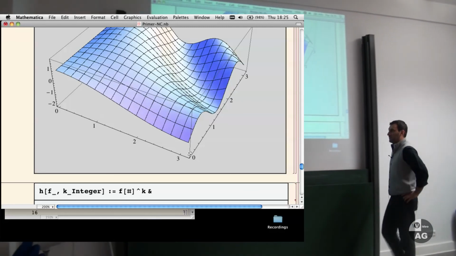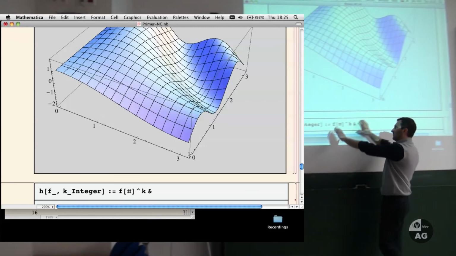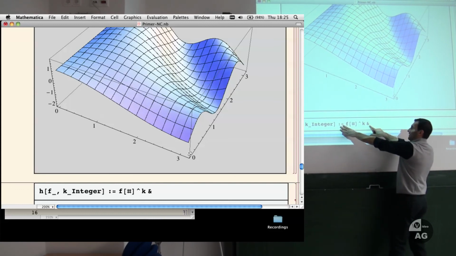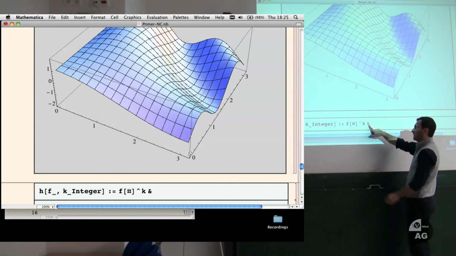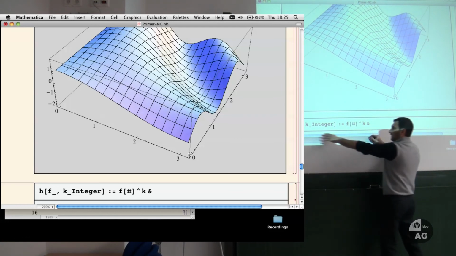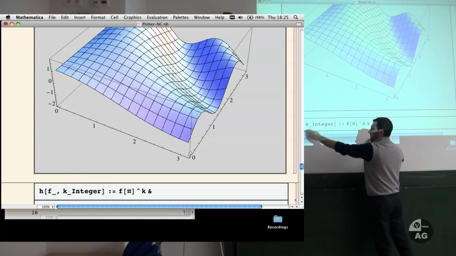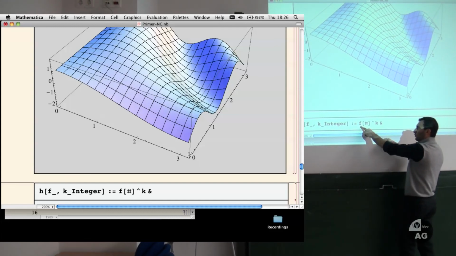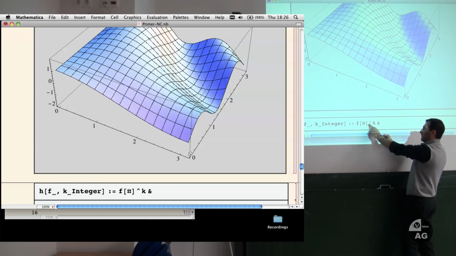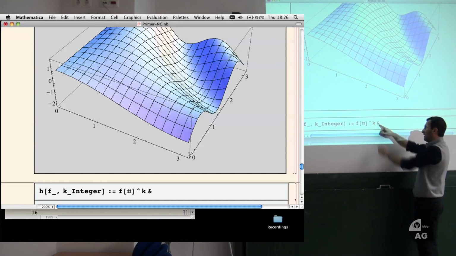It returns a function. Very good. As an output value, I have something that ends with the ampersand, and as a hash, this tells me that it's a function. h is a function that takes whatever and an integer and returns whatever evaluated to the power of k ampersand.